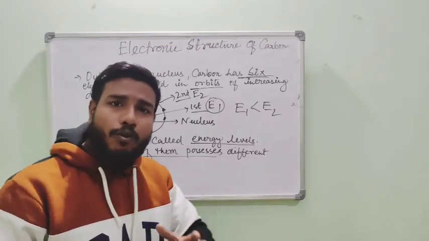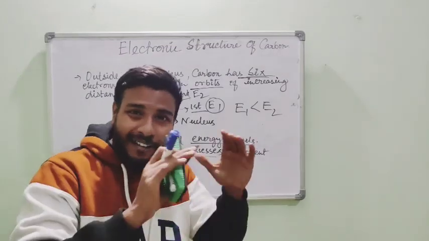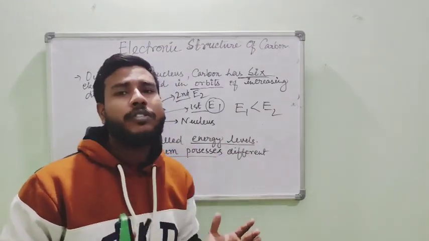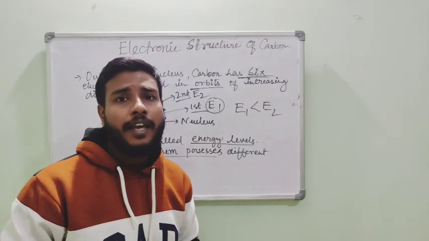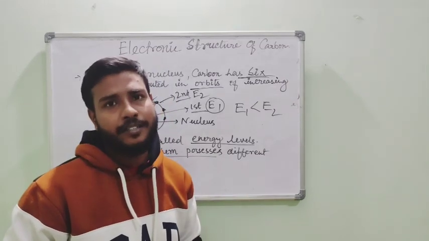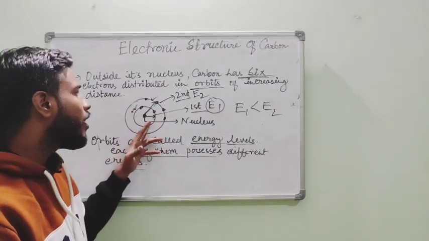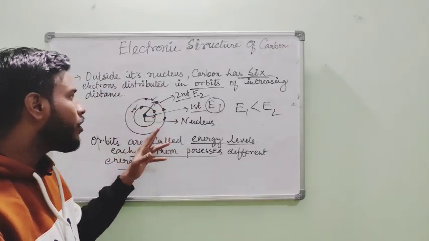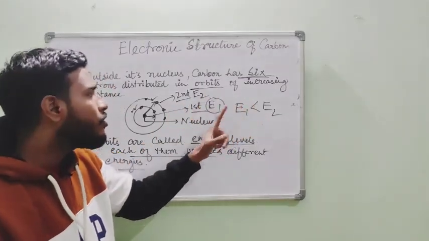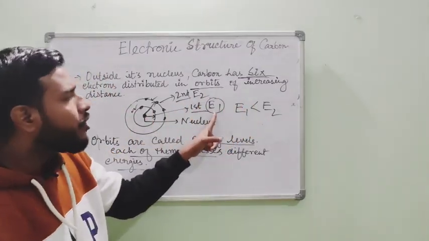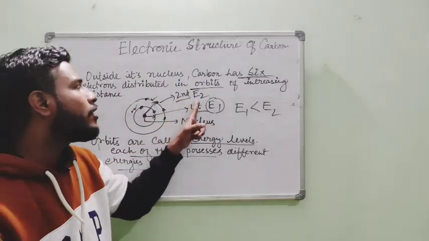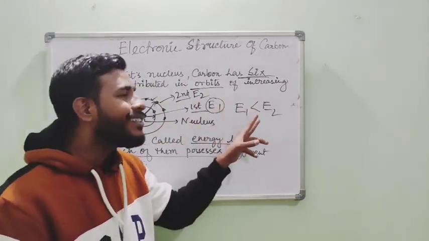As we move far away from the nucleus, the energy of the levels where the electrons are distributed gets increased. Two electrons are distributed in the first orbit, and in the second orbit 4 electrons are distributed, as it has 6 electrons. So the first orbit has an energy of E1, the second orbit has an energy of E2, and E1 must be less than E2.